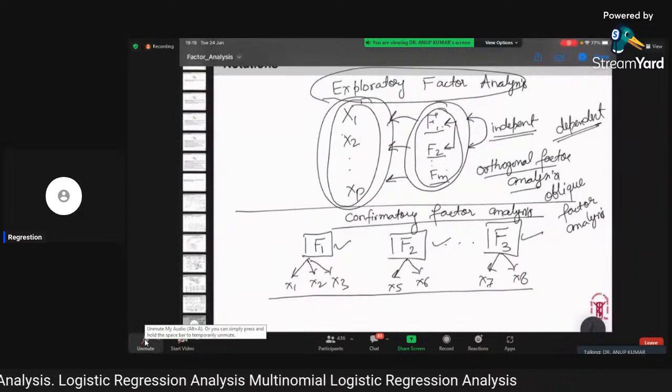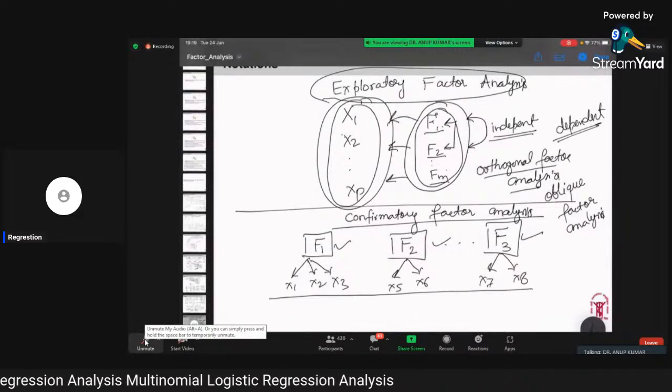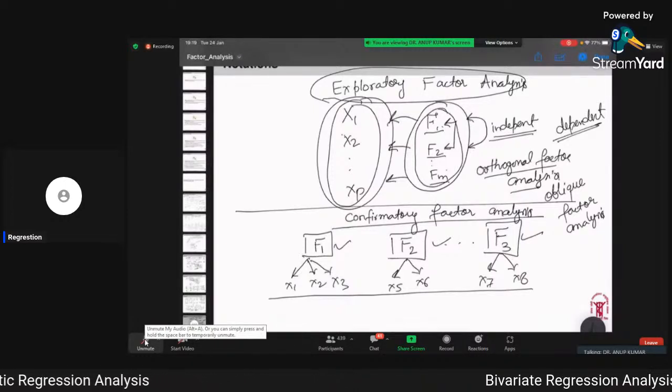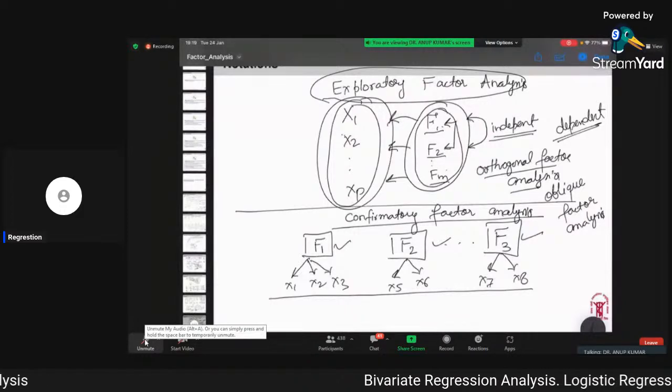Sometimes the PIs know that factors are there and that the factors are also related to each other. If we proceed with such an assumption, then it is termed oblique factor analysis.